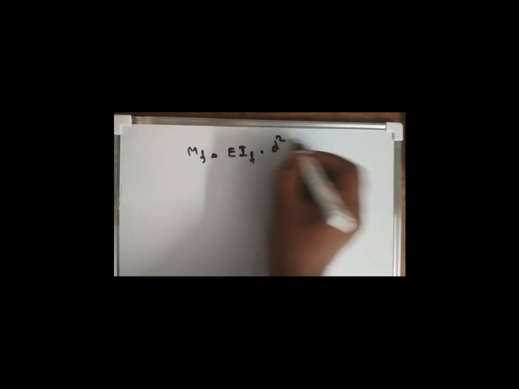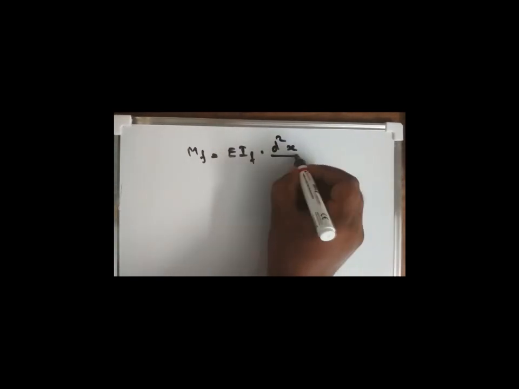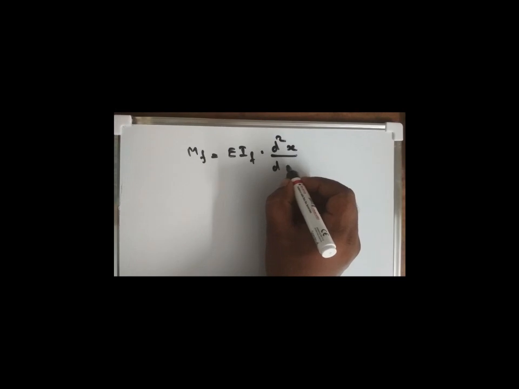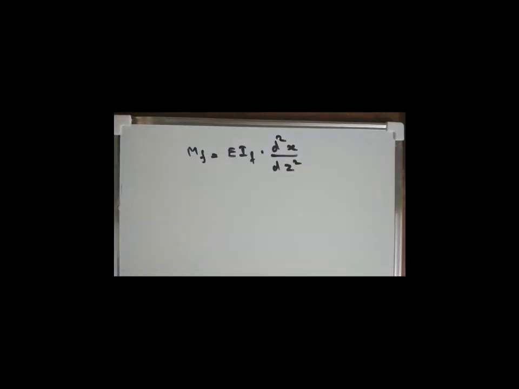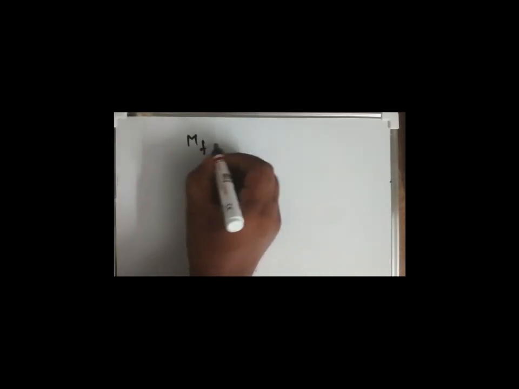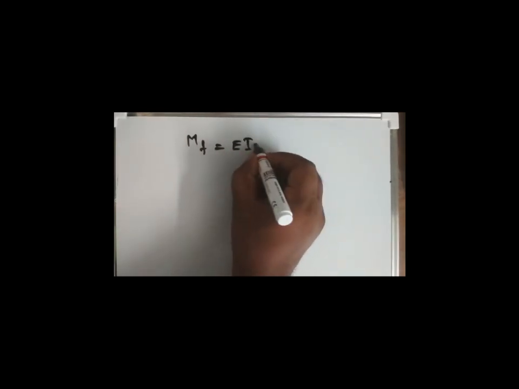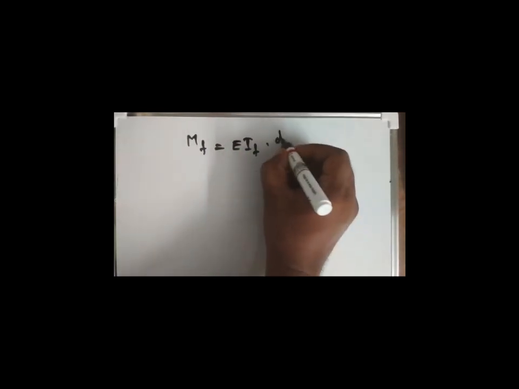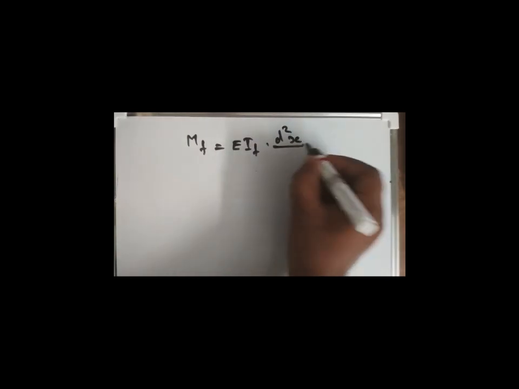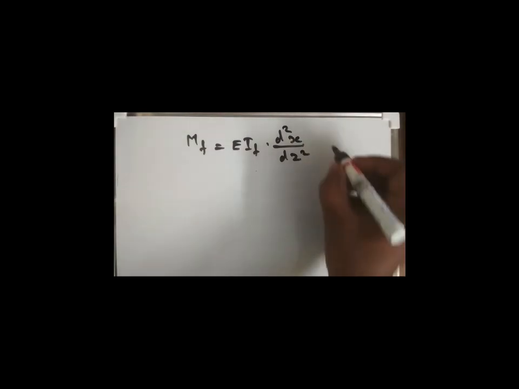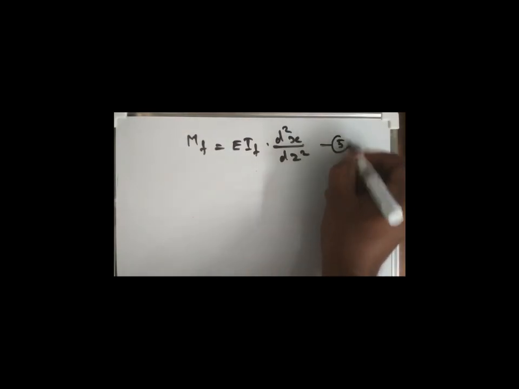We know that moment is equal to EI into d squared x divided by dz squared. See, this already we have studied. IF is the moment of inertia of the flange, so MF is equal to E IF d squared x divided by dz squared. E is Young's modulus. I'm calling this equation the fifth equation.